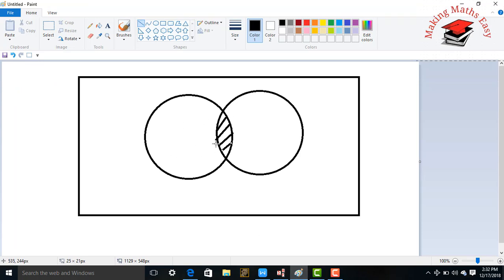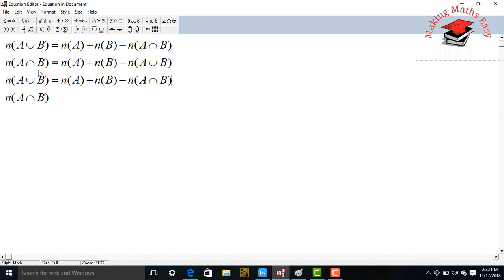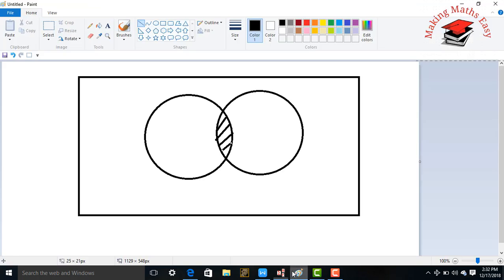But in the case of disjoint sets, where both the sets have no relationship with each other, n of A union B is equal to n of A plus n of B. But in the case of two sets intersecting each other at a particular region, this region will get eliminated only one time.